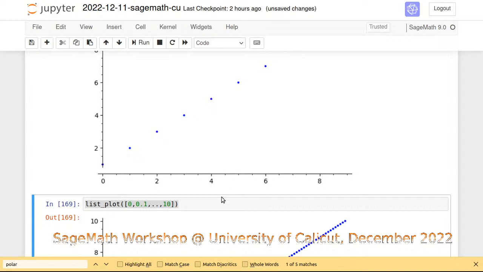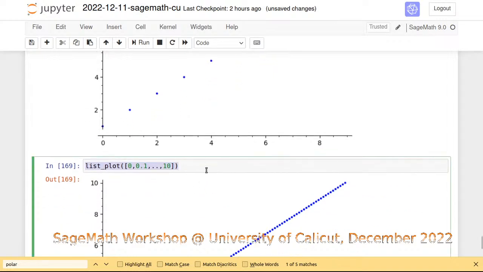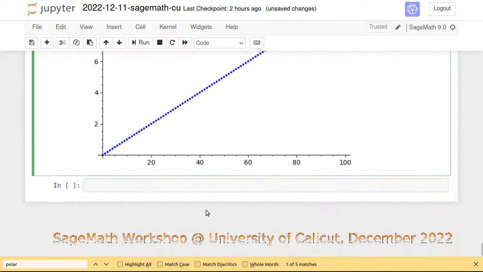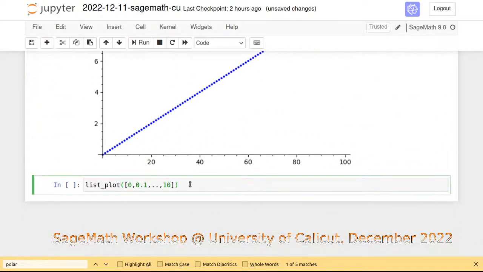You can actually approximate any other function also using this list plot. For example, suppose that you want to approximate the graph of the sine function. We know that the sine function is a continuous curve, but instead of that, if you want a non-continuous curve, maybe we can use sine x for x in 0, 0.1, etc. up to 2 pi, but you need this as a list.